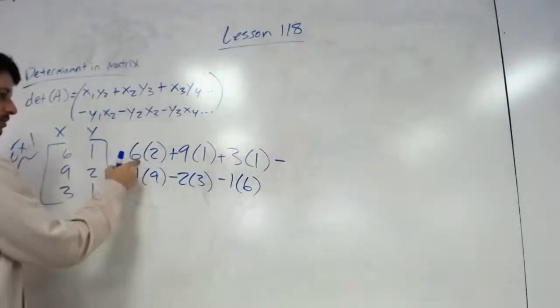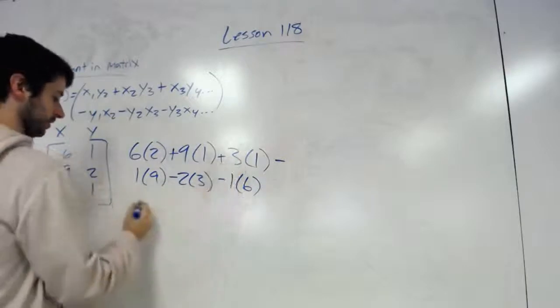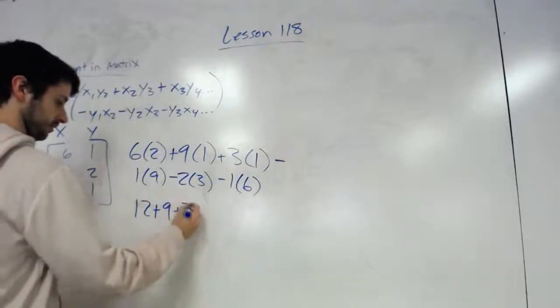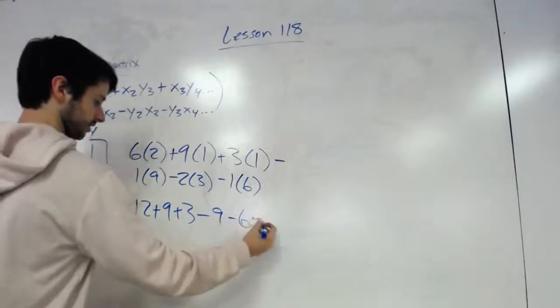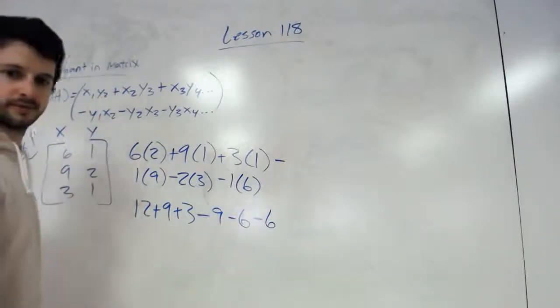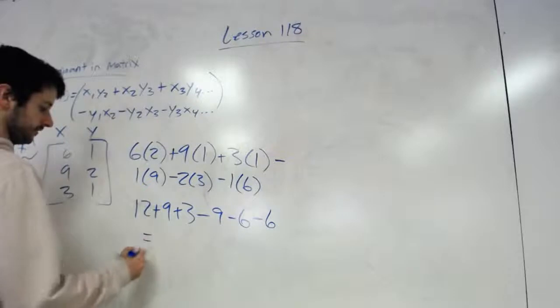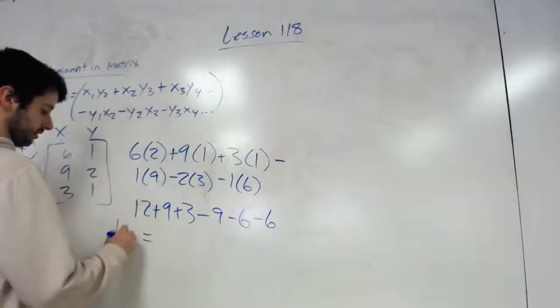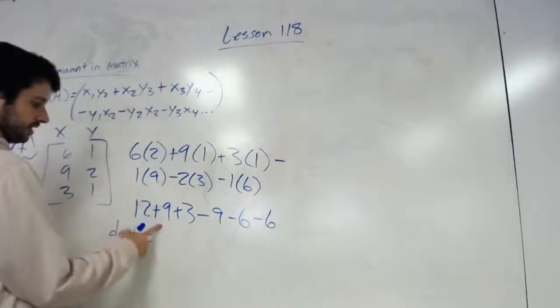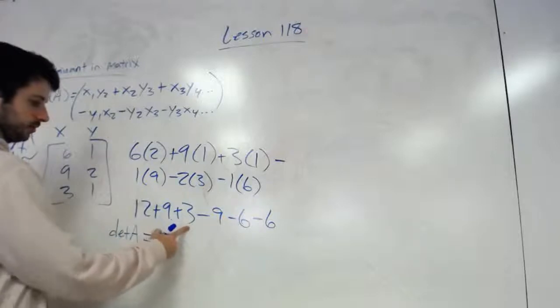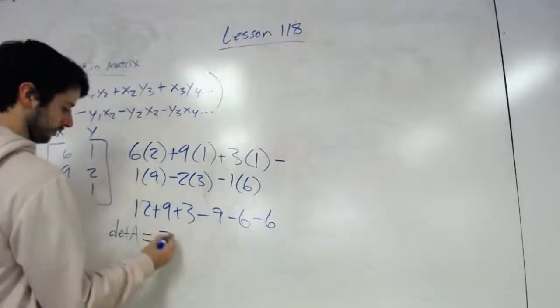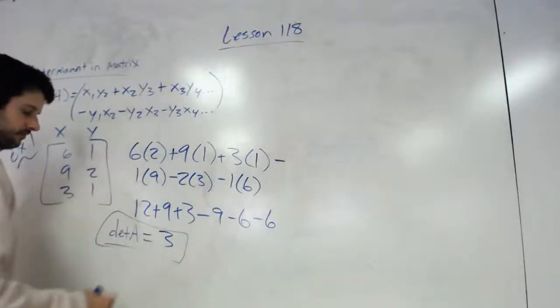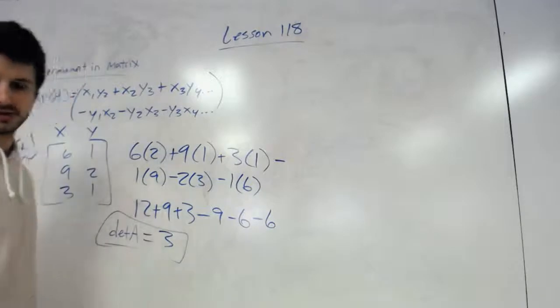So 12 plus 9 plus 3 minus 9 minus 6 minus 6. And then I solve to get my determinant. So 12 plus 9 is 21, 24, minus 9 is 15, minus 12, so the determinant is 3. And that's all you do for the math. So that's how you find it.